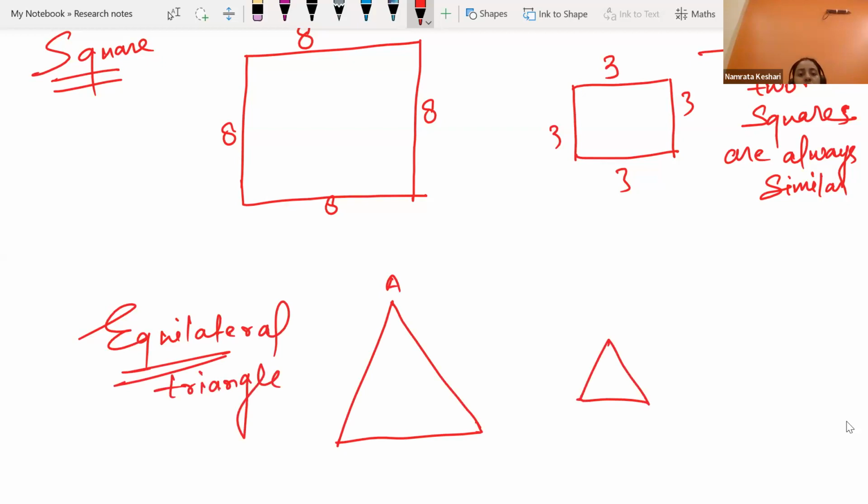And in an equilateral triangle, if you are thinking about the angle, of course, each angle is 60 degrees. So the angle is also the same, right, Zoha? So if this is 5 centimeter, if this is 2 centimeter, anything. Any two equilateral triangles are always similar.